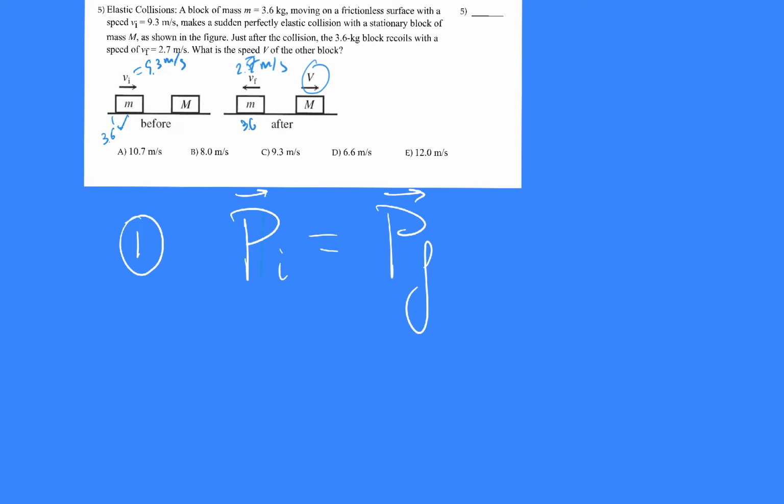In the case that there are external forces besides the interaction force of the two colliding bodies, the momentum is not conserved, of course.